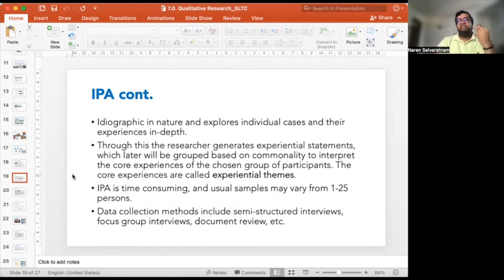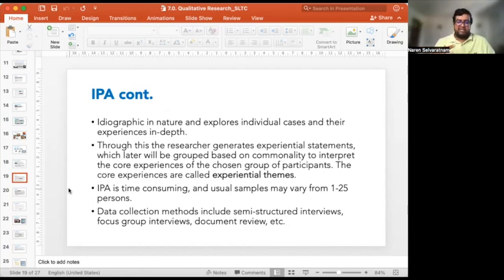So through this, the researcher generates experiential statements. The method, of course, is a particular analysis method. So you first do an interview, you gather information. Once you gather this information, you develop codes. We call them experiential statements.